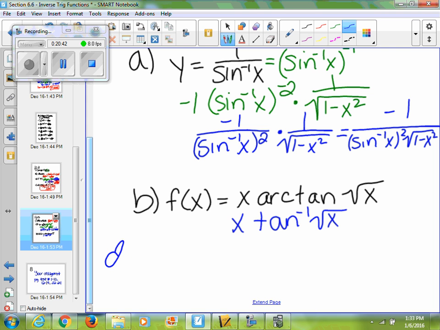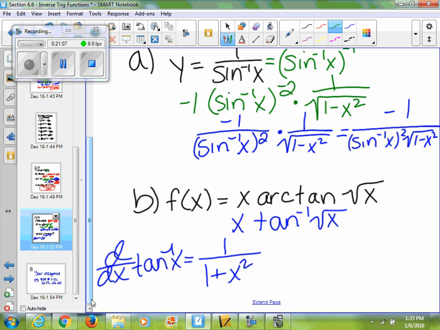And then, Mark, what's the formula for the derivative of the inverse tangent of x? 1 over 1 plus x squared. Okay, so the derivative of my inverse tangent function is 1 over 1 plus x squared. And so using that formula, I'm going to start to differentiate this.